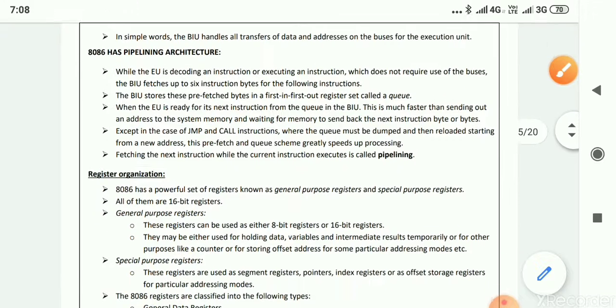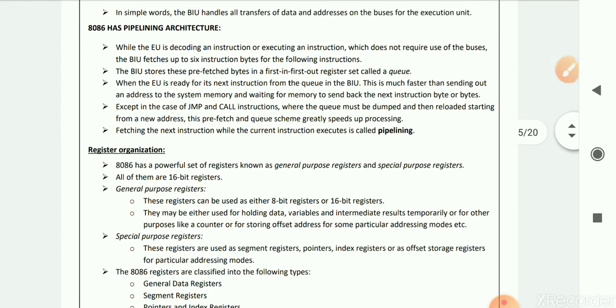Coming to the register organization, 8086 has a powerful set of registers known as general purpose registers and special purpose registers. We already know in 8085 there are two kinds of registers: general purpose registers and special purpose registers. All the registers in the 8086 microprocessor are 16-bit registers.